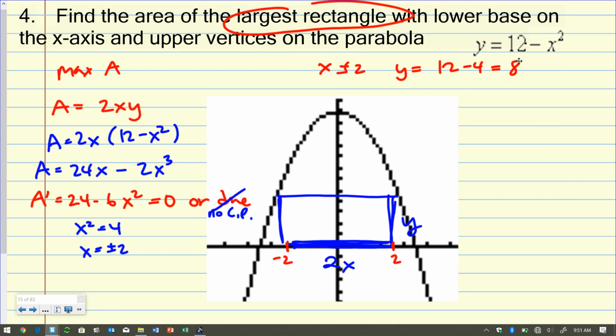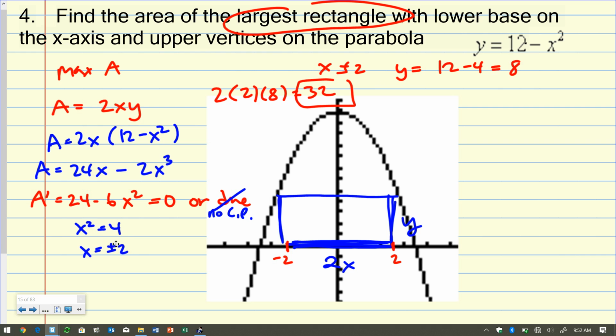So guys, what's the area of this thing going to be? Ooh, be careful, look at your picture. It's 2x times y. So what is it? 32. Are you guys getting 32? It's 2 times x times y. So that's 32.